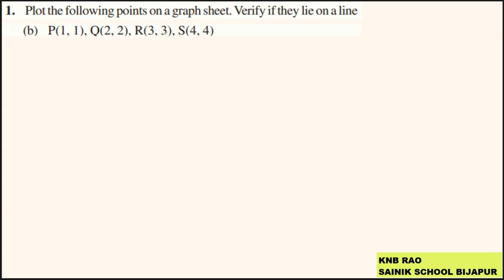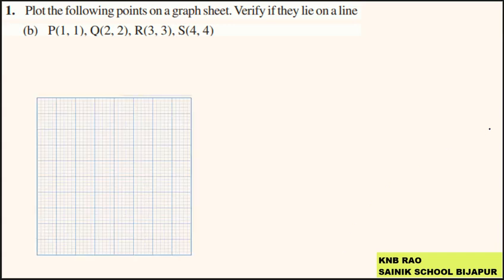Question number 1, sub question B. So, we need to plot the graph of this PQRS, plotting these points and checking whether they lie on the same line or not. For that, we first take a Cartesian plane.